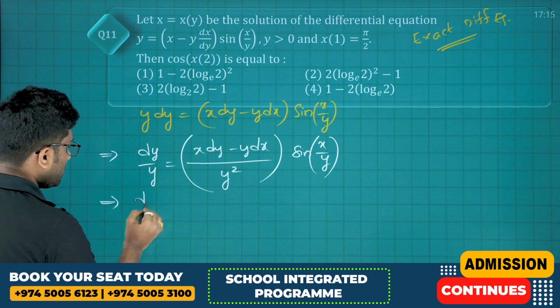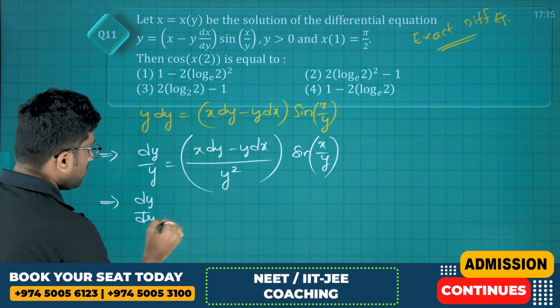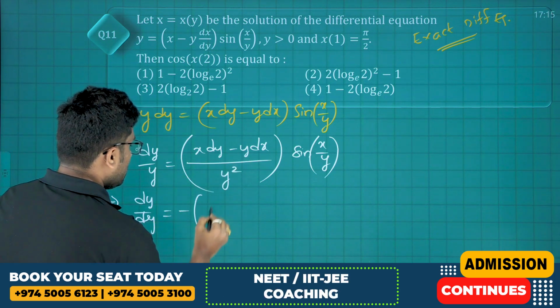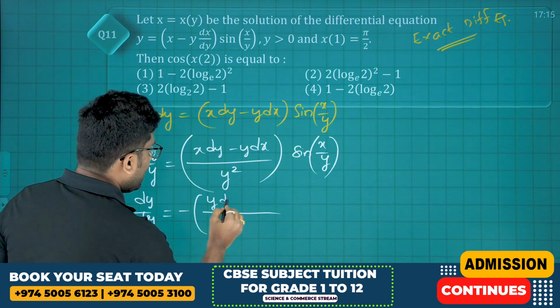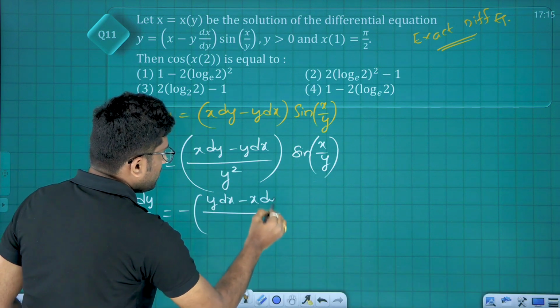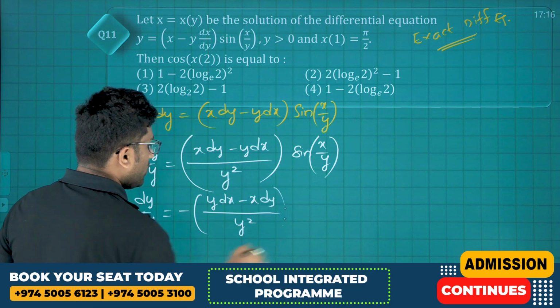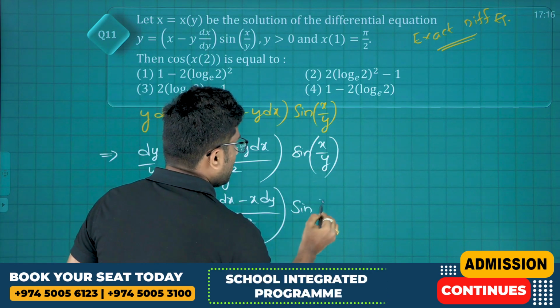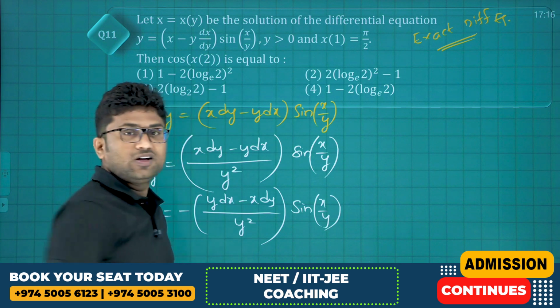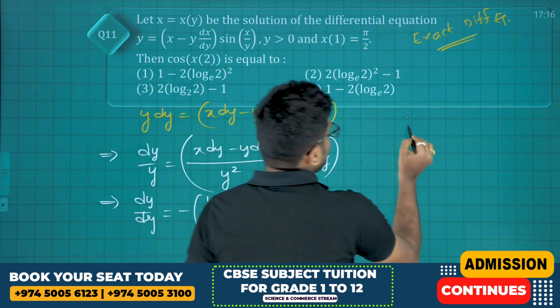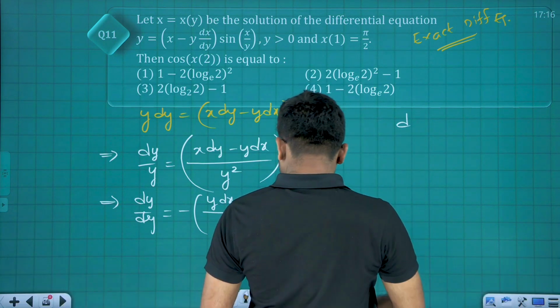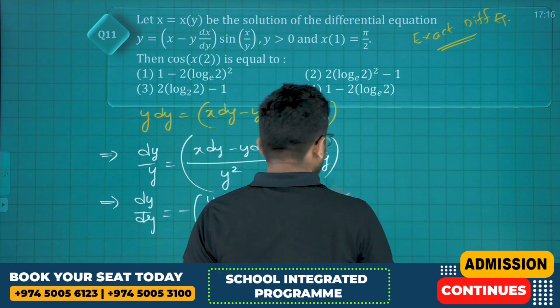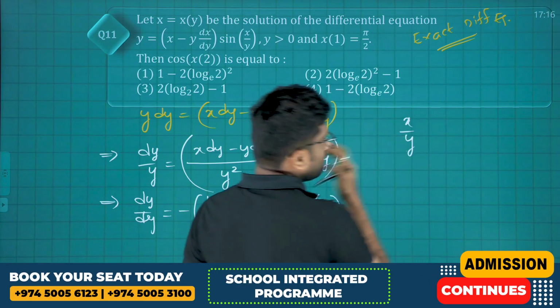This is the most important step. dy by y is equal to, just take minus out, then we get y dx minus x dy divided by y square into sine of x by y. Friends, what is the derivative of x by y?